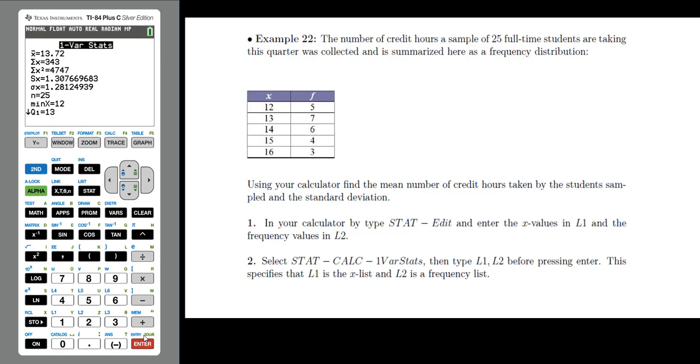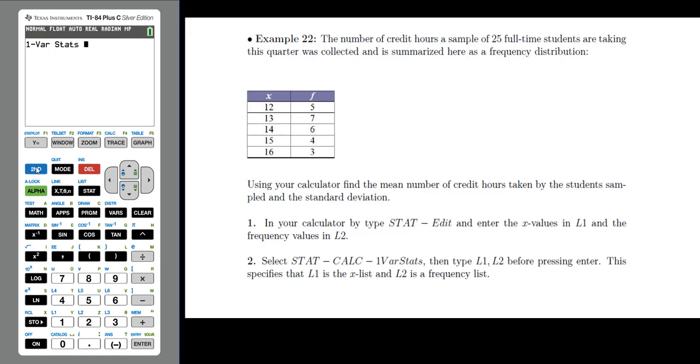Okay. Now, if you didn't have that screen, what you'll see is just one var stats on your home screen after you hit enter. So what you have to do now is tell the calculator what list to find the variable in and what list to find the frequency list in.